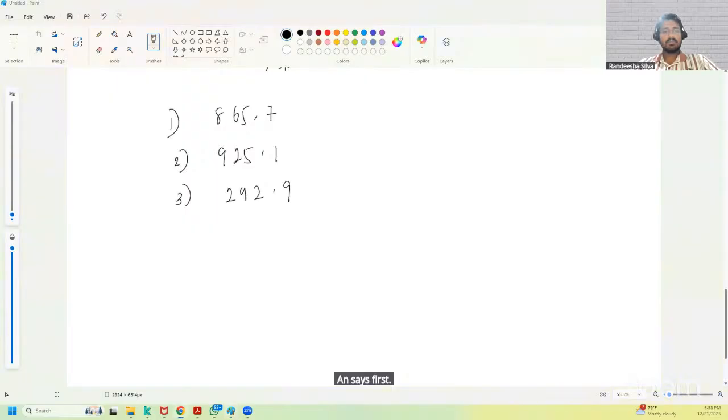For the answers, for this first one, the logarithm will be 2.9374, which means 10 to the power 2.9374 will be the answer of this.